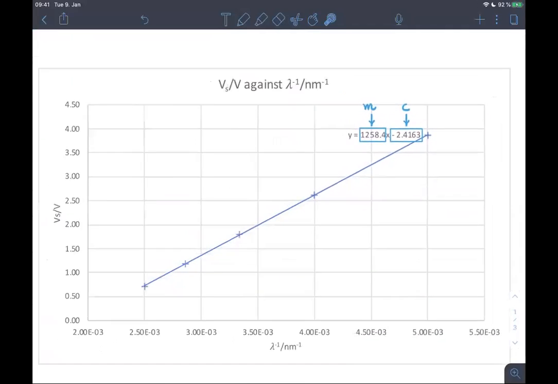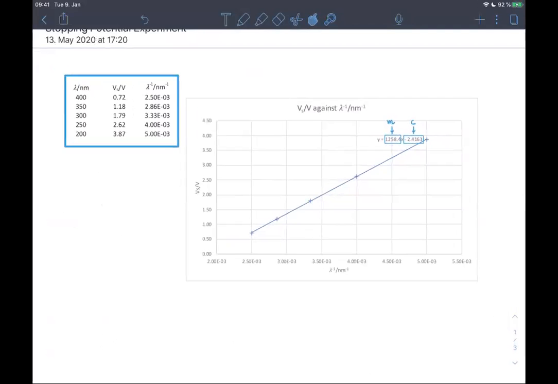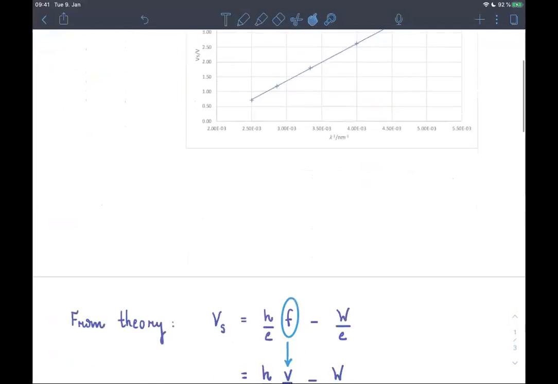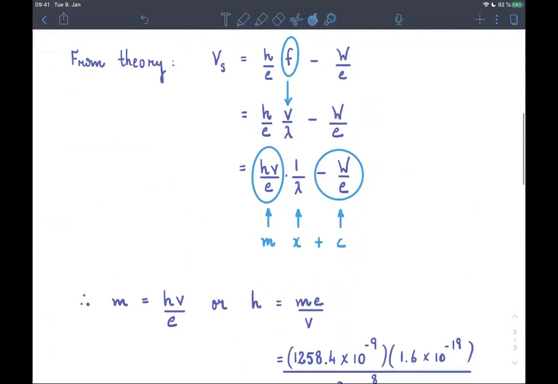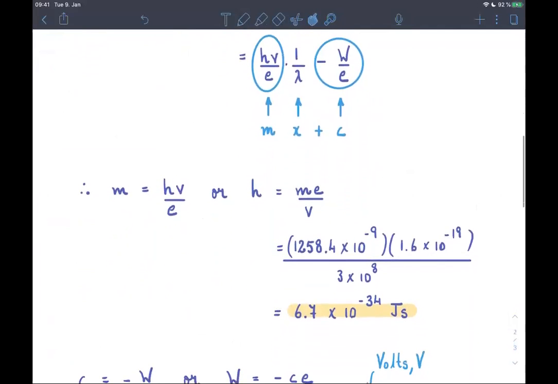We will use these in a moment. Now, from the equation, the gradient is equal to hc on e. And hence, we can determine Planck's constant as shown here.